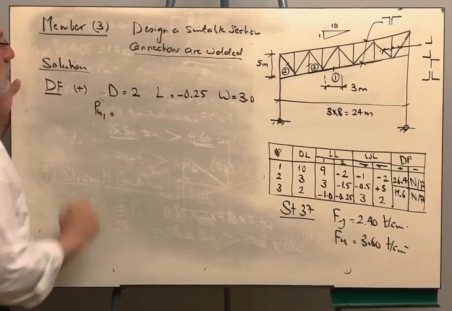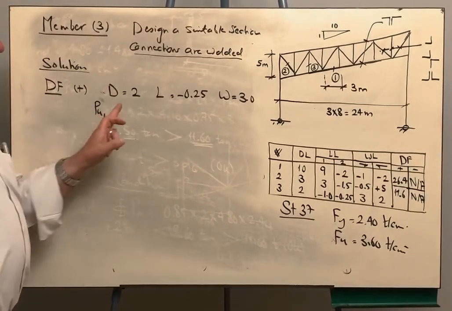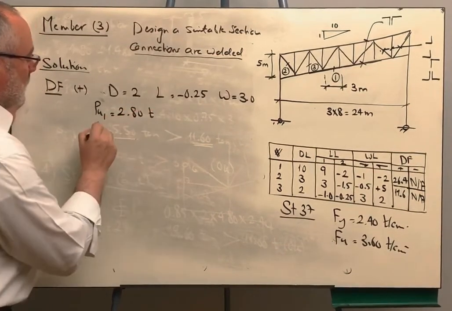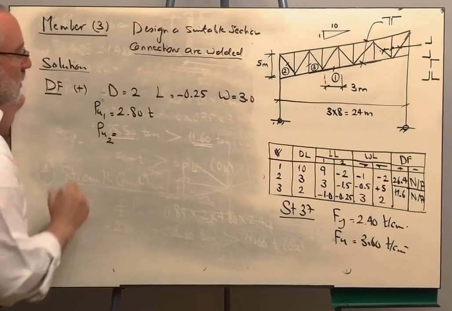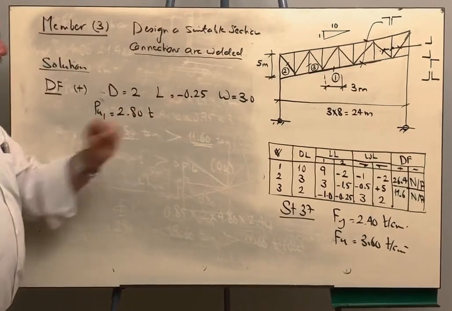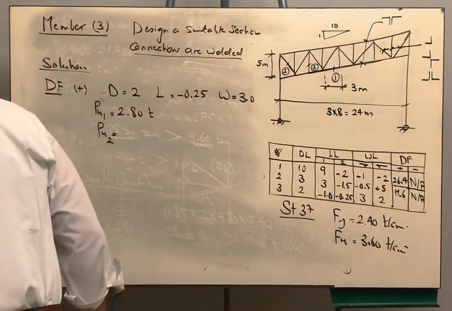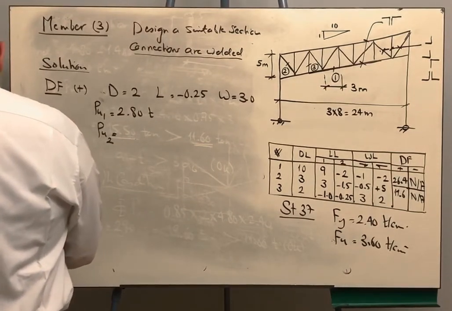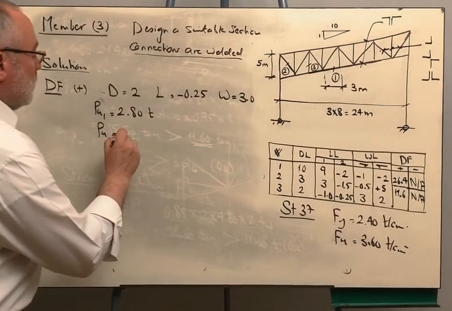Based on the first ultimate load combination, 1.4 of the dead is 2.8 tons. The second, which is 1.2 dead plus 1.6 live, if you did that, you will get a value of 2.